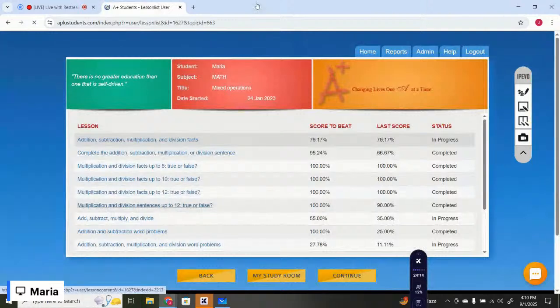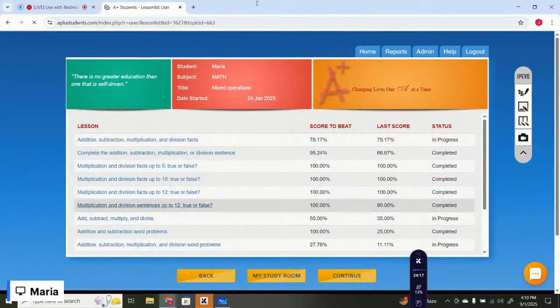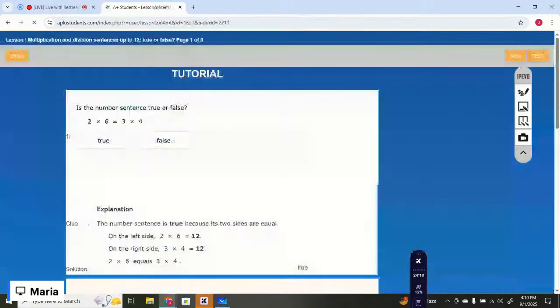The next lesson is multiplication and division sentences up to 12, true or false.